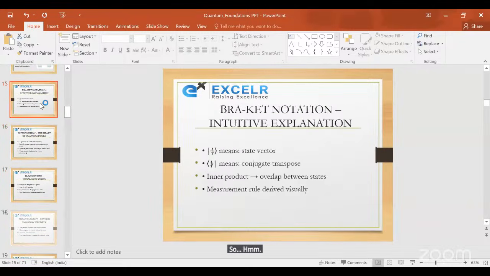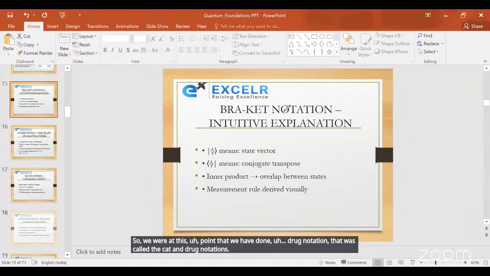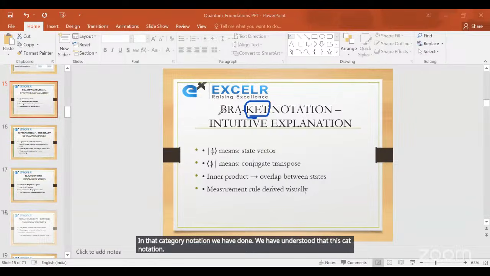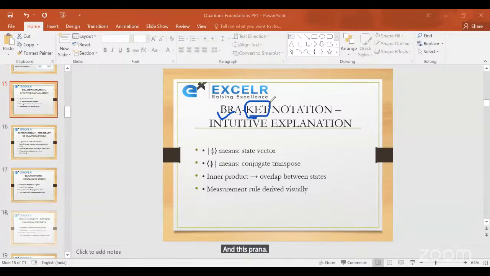So we were at this point that we have done the ket and bra notations. In that notation, we have understood the ket notation and the bra notation. The ket notation, I was saying, I have also explained with a vector space.